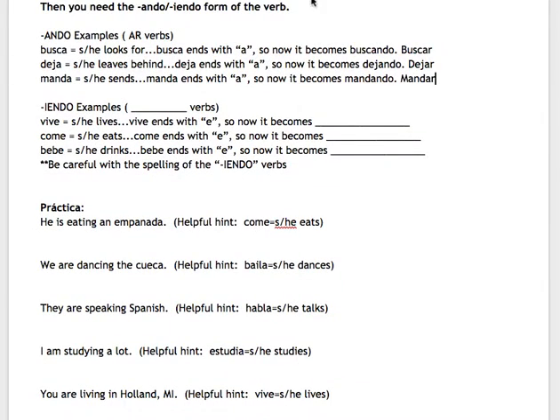The other possible ending besides ando is yendo, and that would be for any ER or IR verbs. So, vive, he or she lives, ends with E, and now becomes viviendo, and that came from the verb vivir. Come, he or she eats, also ends with E, so that now becomes comiendo, and that came from the verb comer.